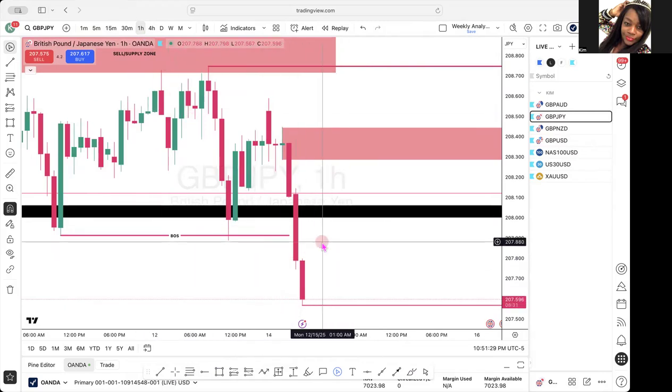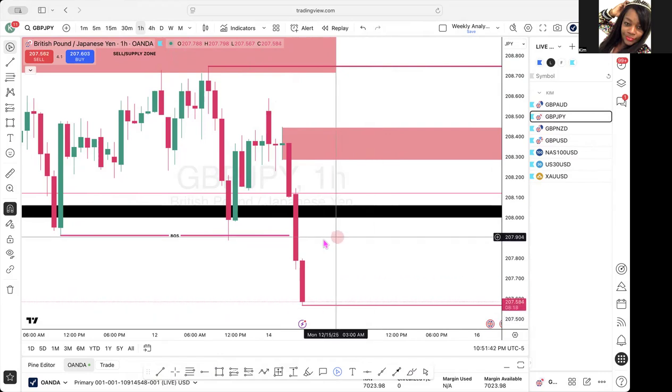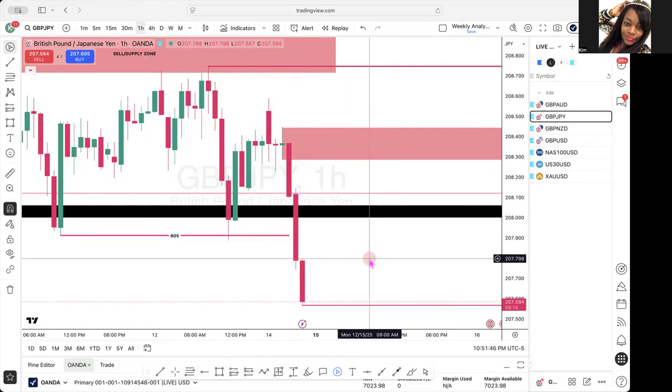Because I don't trade imbalances, price could pull back into this imbalance and start selling. So for those who trade imbalance, then I would say trade accordingly.